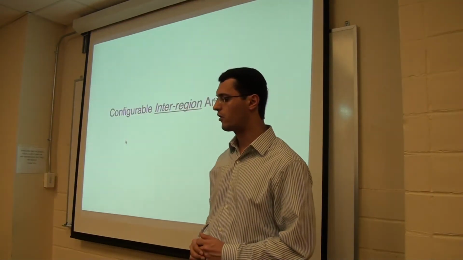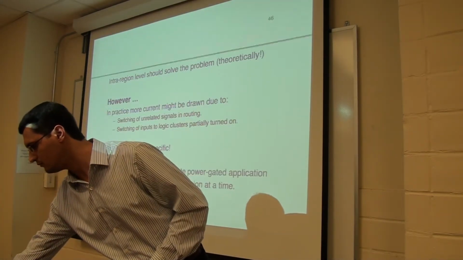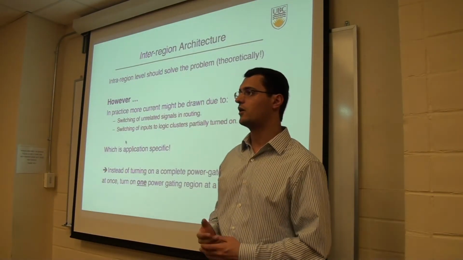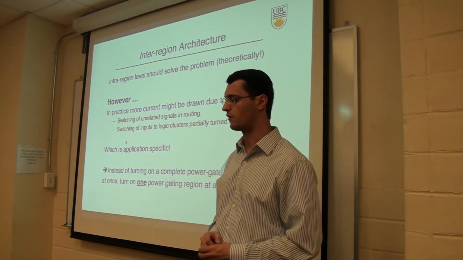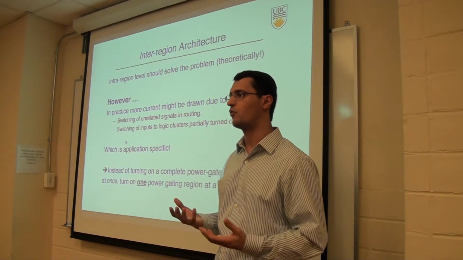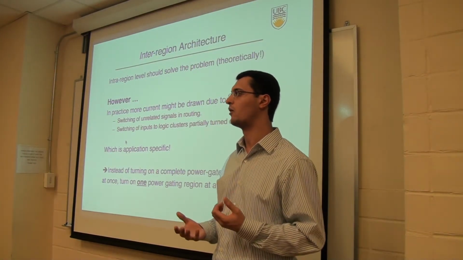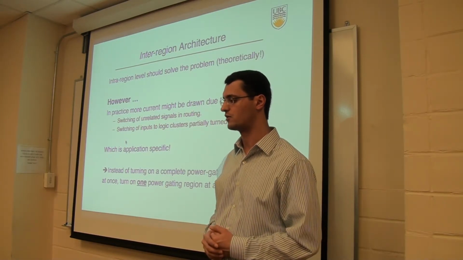Now I'm going to talk about the configurable inter-region architecture to handle inrush current. So theoretically, the intra-region architecture that I talked about in the last few slides could solve the problem because it allows turning on one region safely without violating the constraints.